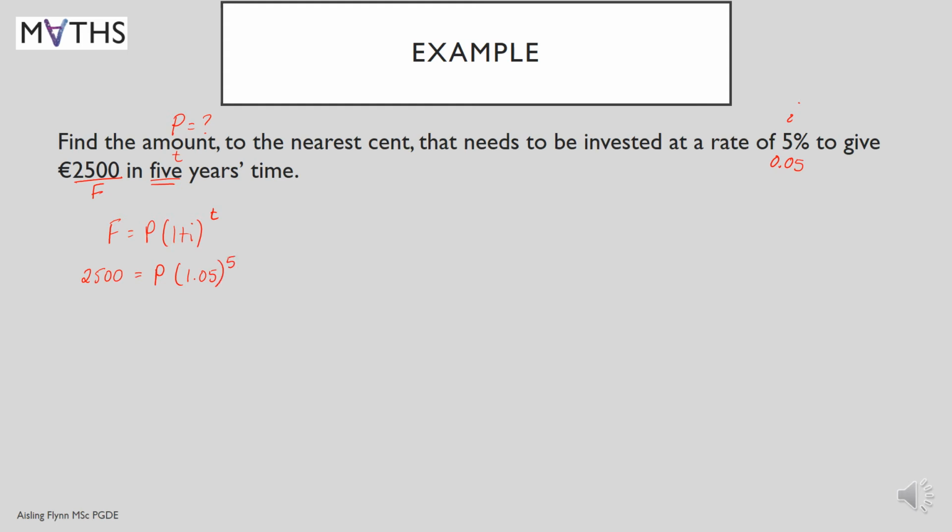Now we're asked to calculate for P. So we need P equals. Now this quantity, 1.05 to the power of 5, is multiplied by the P, so what we're going to do is divide both sides by that.